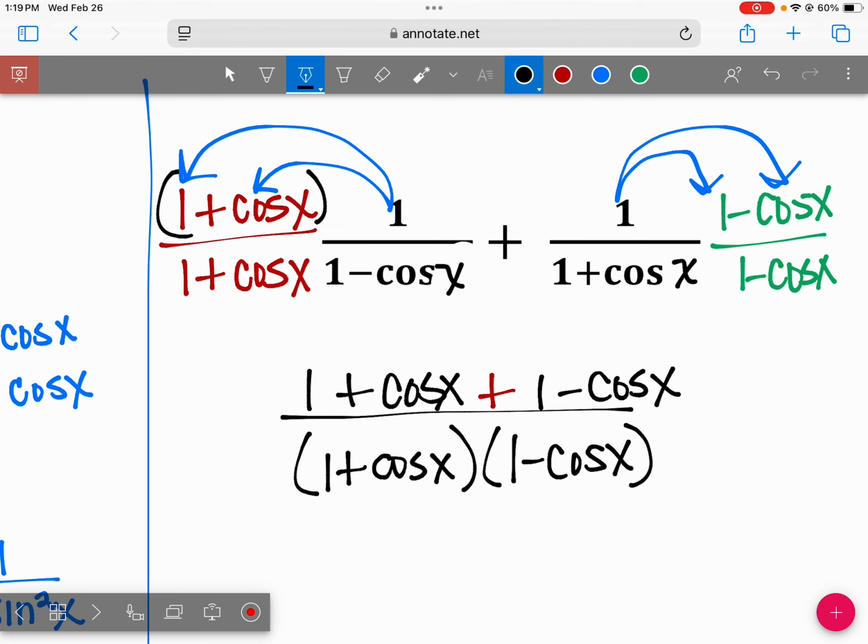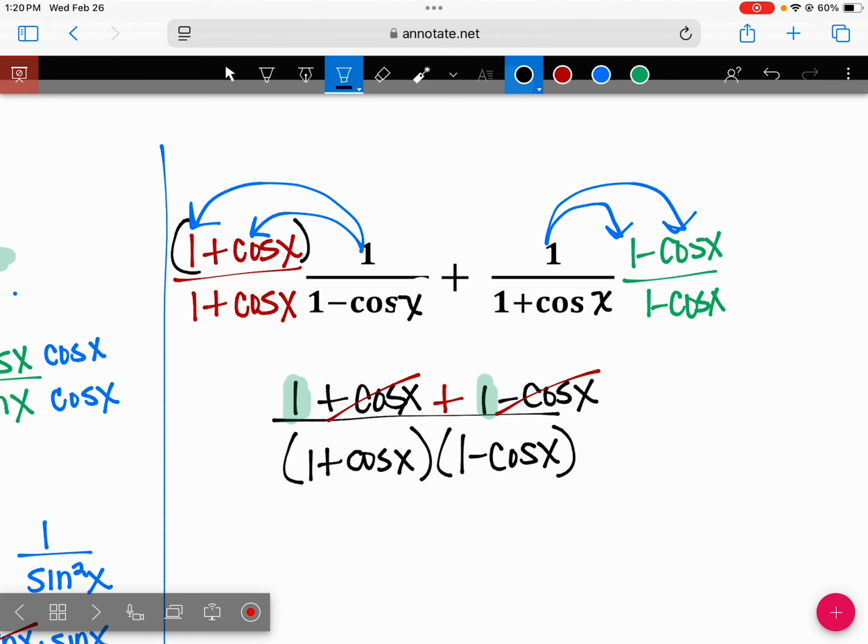What's going to cancel out at this point in the numerator? Do any of these terms cancel out? The cosine. Because one of them is positive and one is negative, they're going to cancel. So you're just left with 1 plus 1, which is 2.